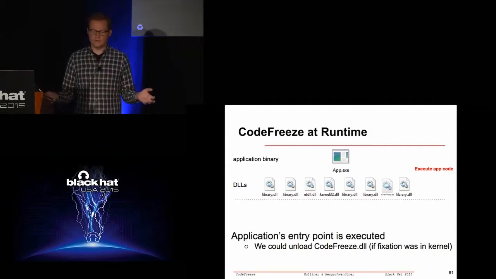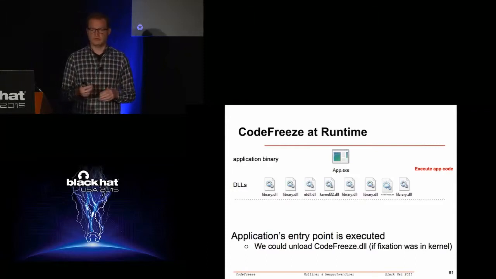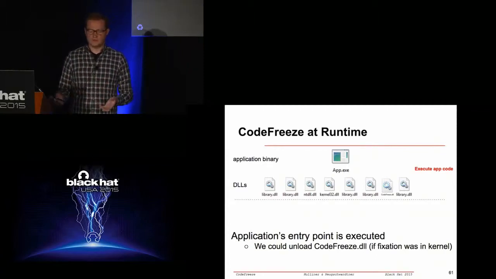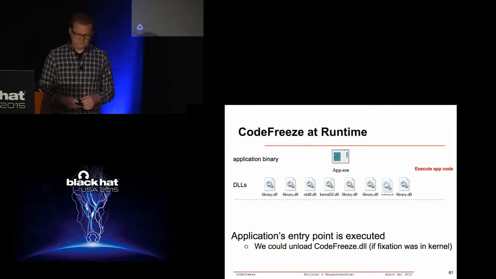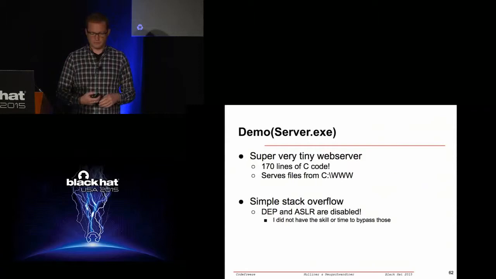From there on we could even unload our library. In this case, for our prototype, we couldn't do that because we still have this userland hooking. But if the userland hooking for the page protection were moved to the kernel, we could now just unload our DLL, and the application would just run normally. It's just some code removed.